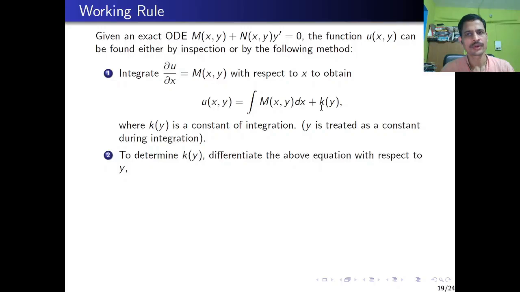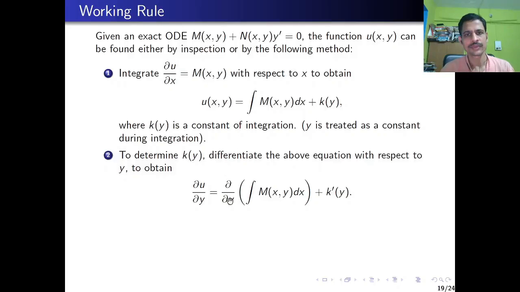Now we want to determine k(y), because the integration of M(x,y) is known, because M(x,y) is known. If we determine k(y), then we know the function u(x,y) and then we know the solution. So how to determine k(y)? To determine k(y), we differentiate this given expression here with respect to y. So take the partial derivative of u with respect to y here.